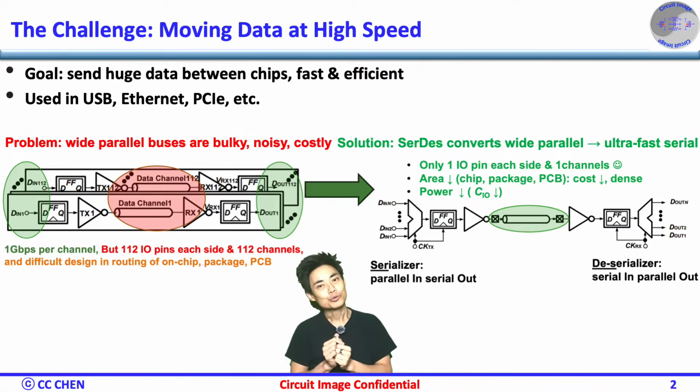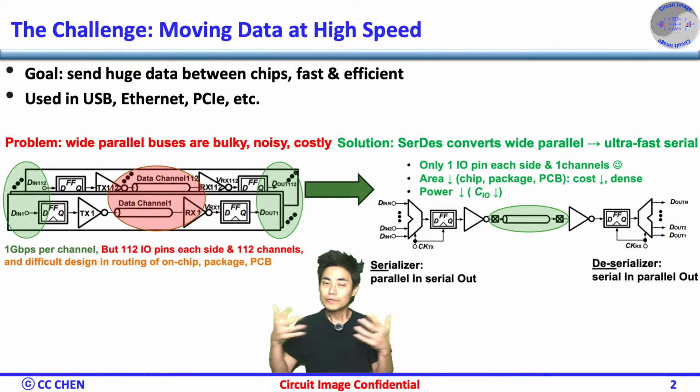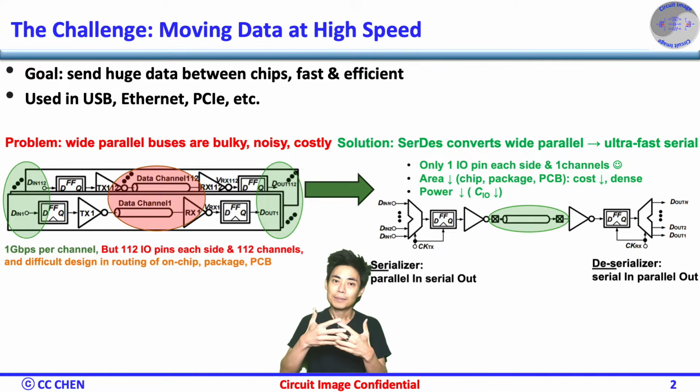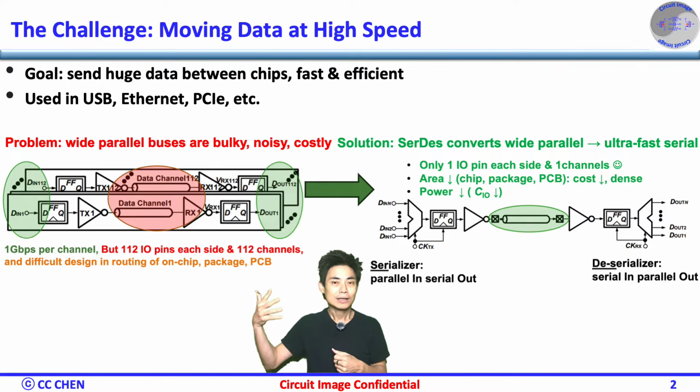The core challenge we face is moving massive amounts of data between chips quickly and efficiently. Traditional parallel buses, think of wide multi-lane highways, are bulky and expensive.